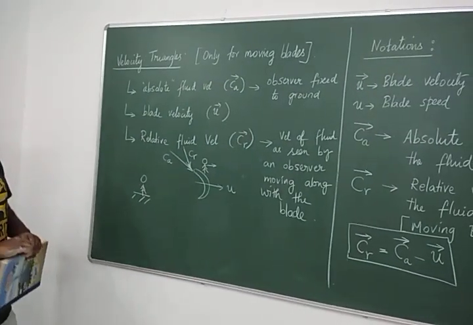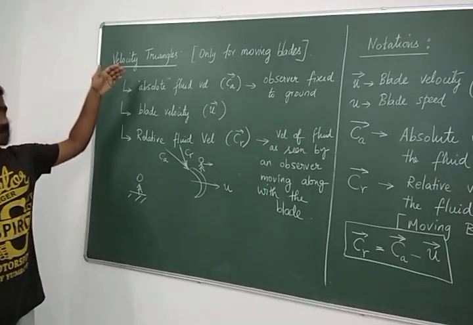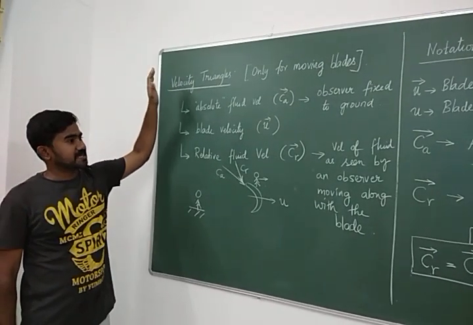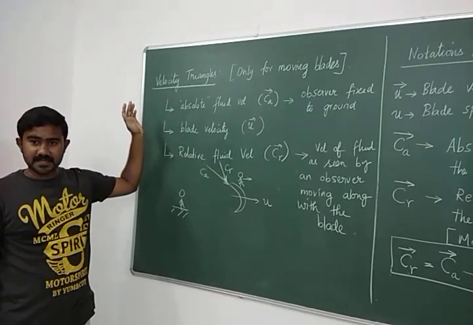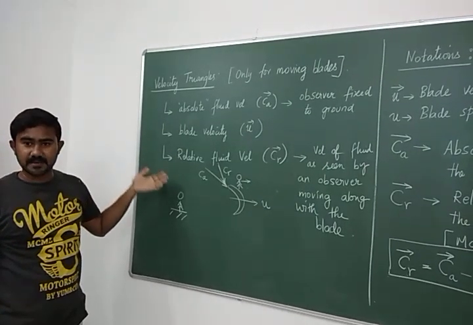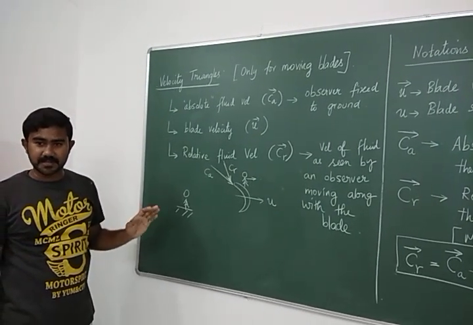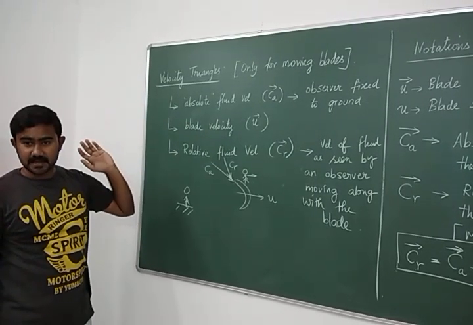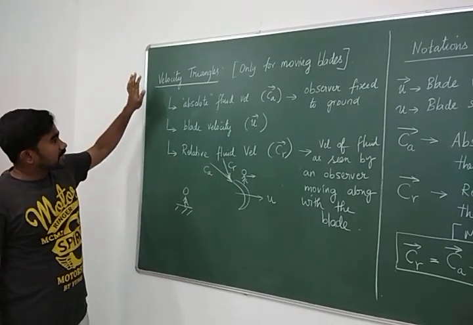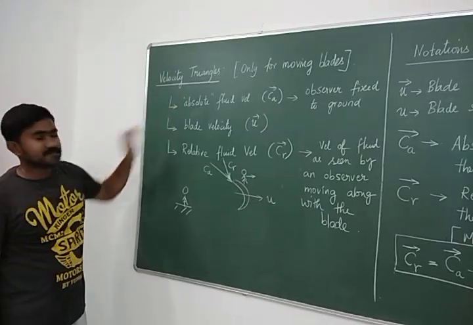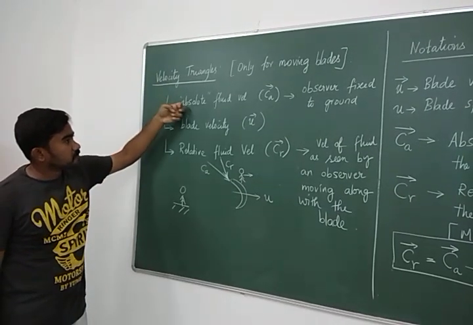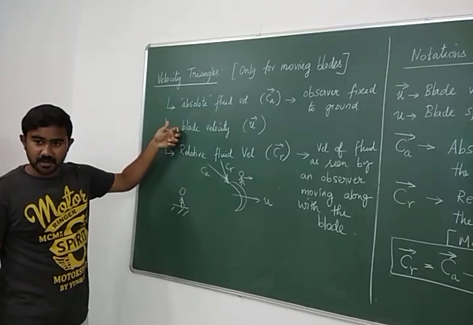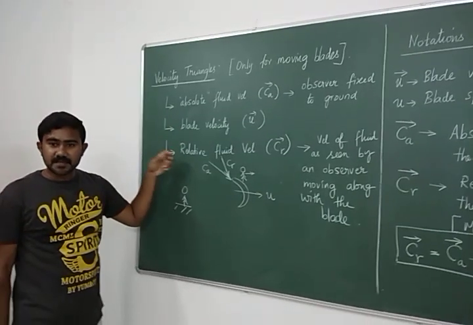Are you clear? Now this is the study of steam turbines. I know you have already done fluid mechanics. You would have seen the velocity triangles for Pelton, Kaplan and Francis turbines already. So you already have an idea of velocity triangles. This is the second time that you are studying velocity triangles. Any velocity triangle will have these three velocity components: the absolute fluid velocity vector, the blade velocity as the second important vector, and the relative velocity as the third.